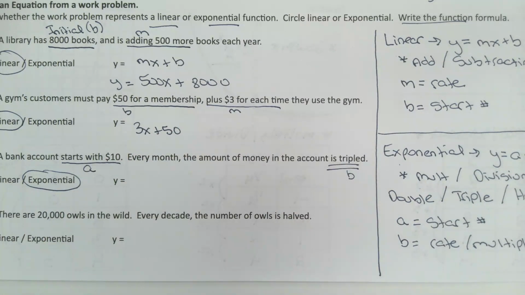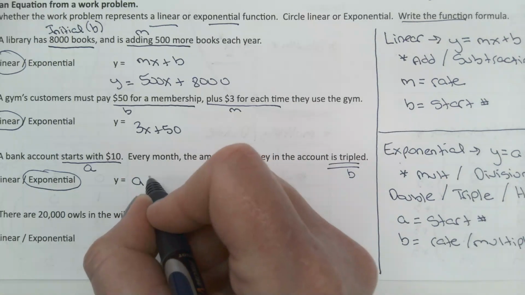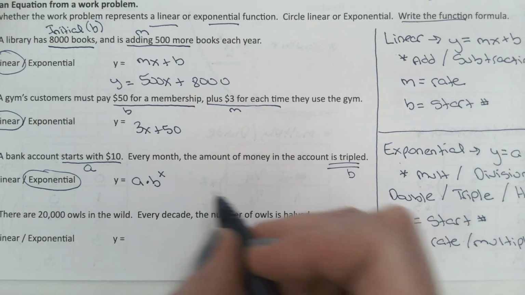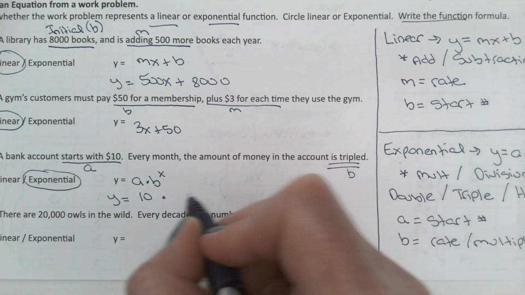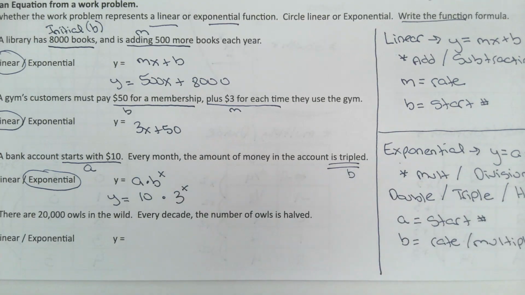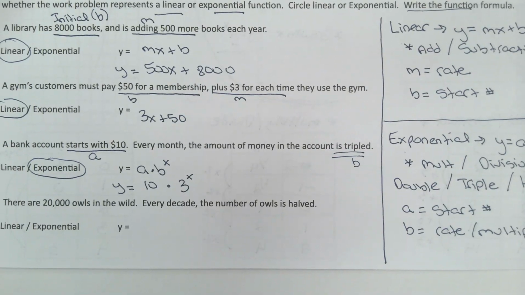So that is your A. So the formula is y equals A times B to the x. So I'm going to sub 10 in there. Tripled is the equivalent of a 3 to the exponent. That's what that looks like.